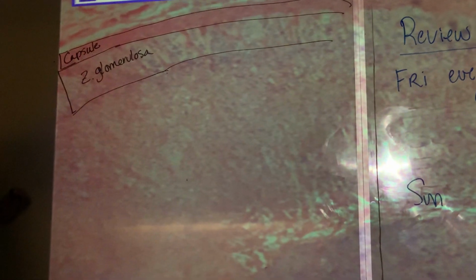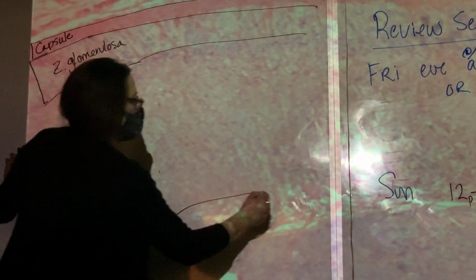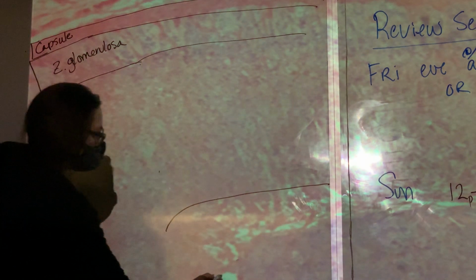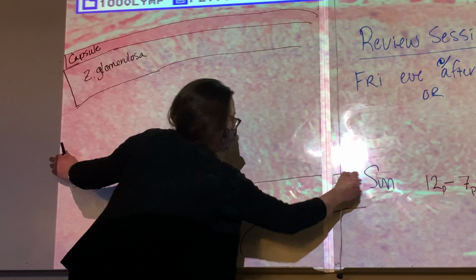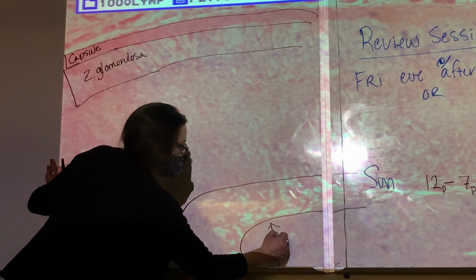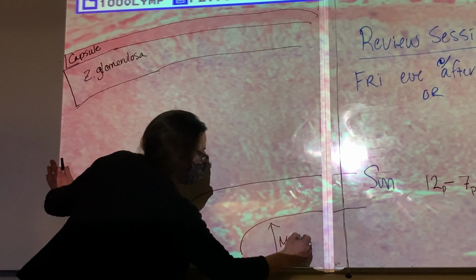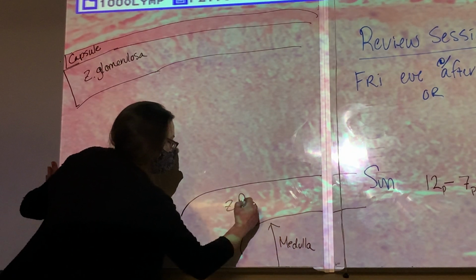And then, let's see, let's go like that, let's go like that. So this would be medulla down here. This right here would be zona reticularis.